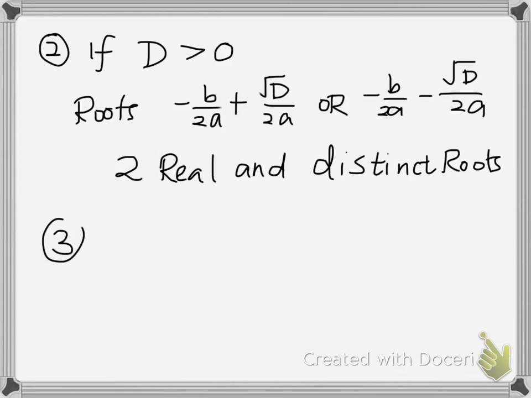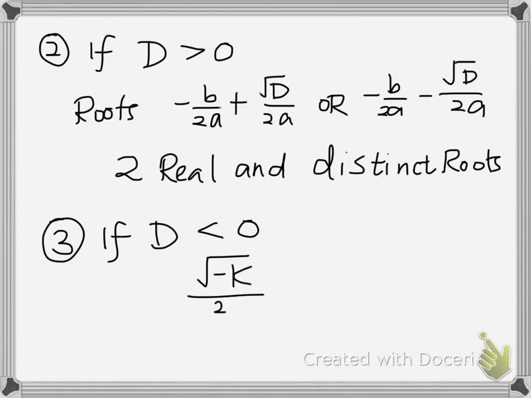The third scenario is when D is less than 0. There will be no real number, because it will be the square root of a negative number. This number here is not real.